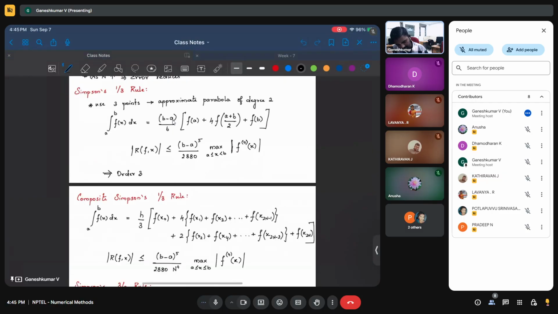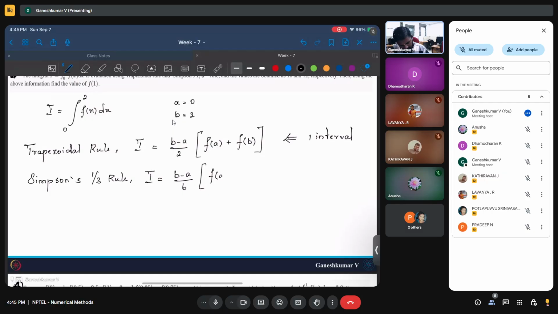Both are same formulas. f of a plus 4 times f of (a plus b) by 2 plus f of b. Okay, but this is for two intervals.